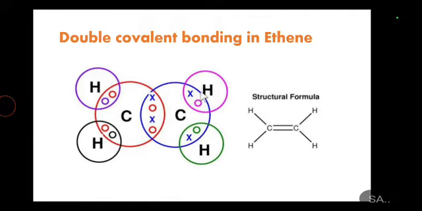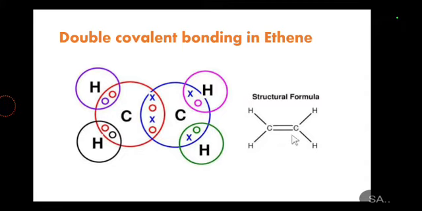So this is how the duplet is completed at the hydrogen atom side, and the octet is completed at the carbon atom sides. So this will result in the structural formula in which the carbon is forming a double bond with the other carbon atom, and on the other hand carbon is making a single covalent bond with the hydrogen atom at every corner, you can see. So this is the double covalent bonding in ethene.